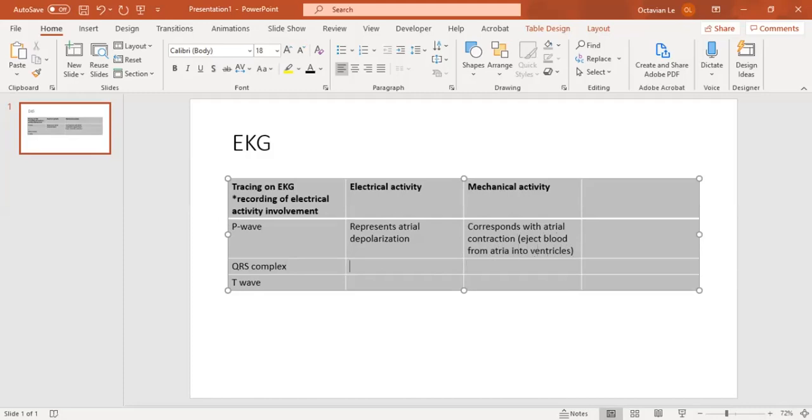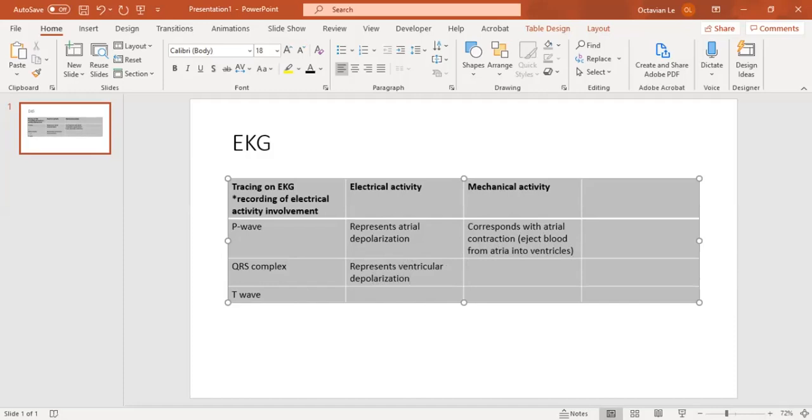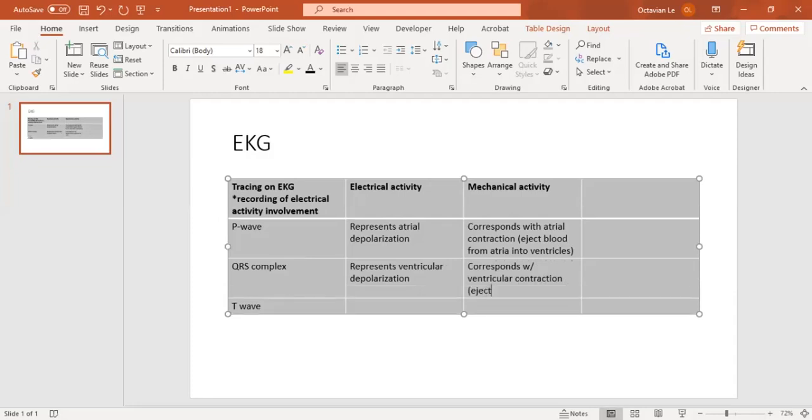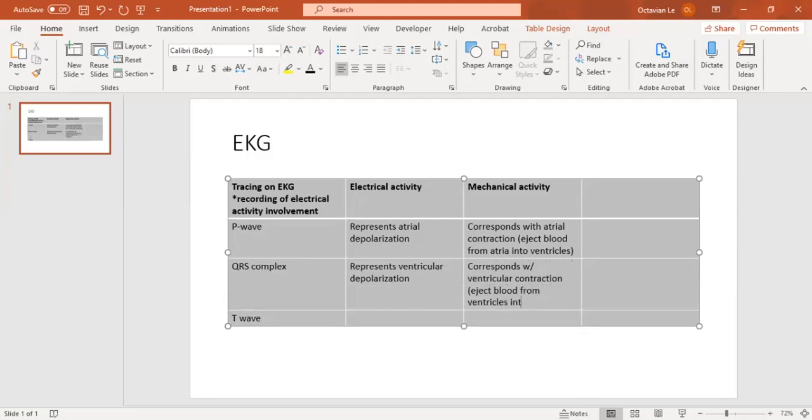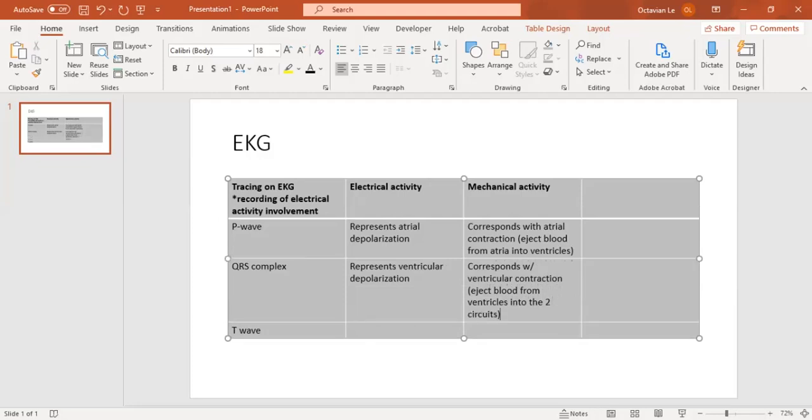The QRS complex represents ventricular depolarization, and the ventricular depolarization corresponds with ventricular contraction to eject blood from the ventricles into the two circuits.